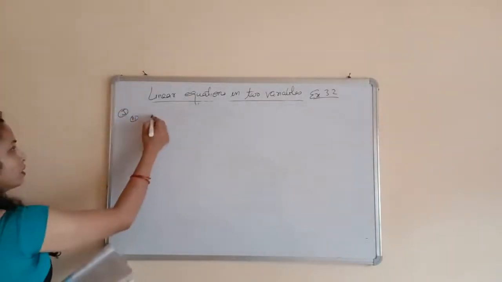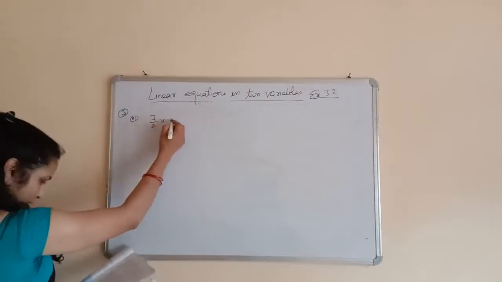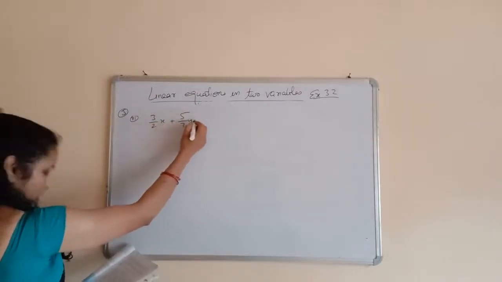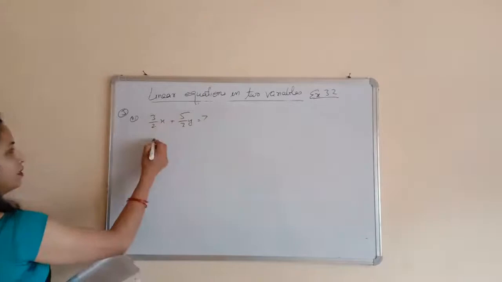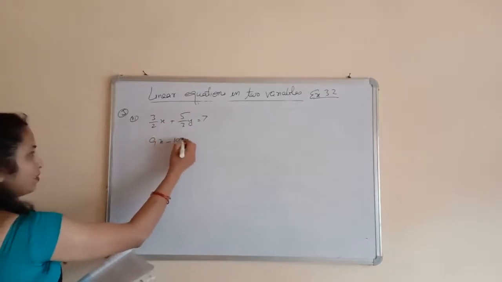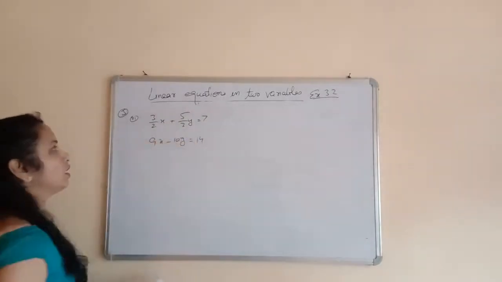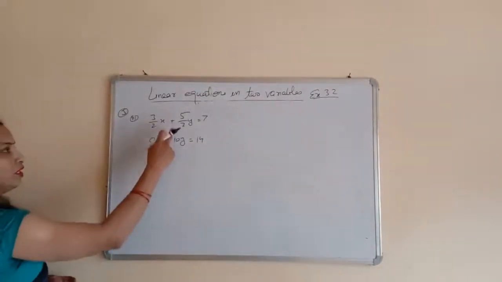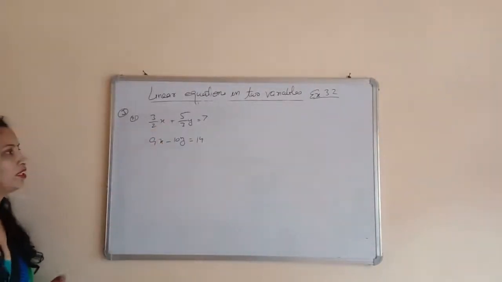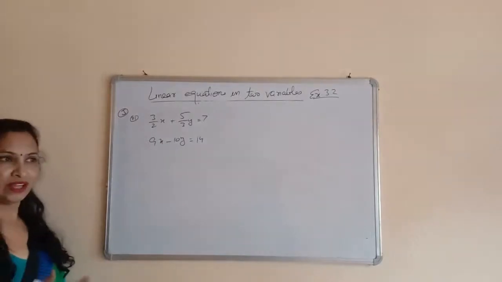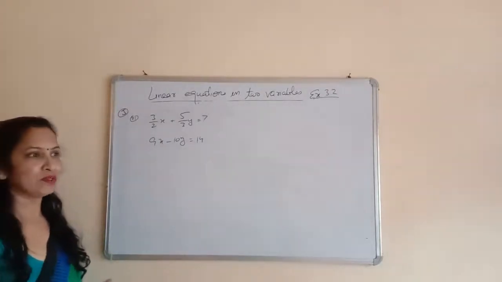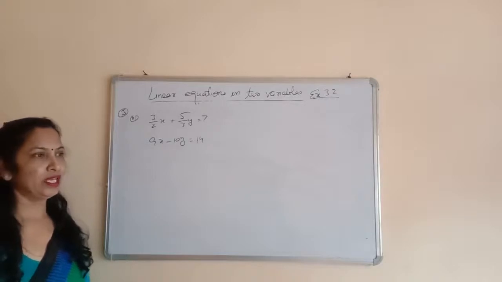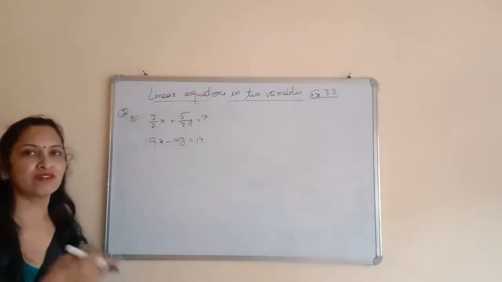The equation is 3 upon 2x plus 5 upon 3y is equal to 7. The second equation is 9x minus 10y is equal to 14. You can take any value as a1, a2, b1, b2. It doesn't matter which equation is first and which is second.